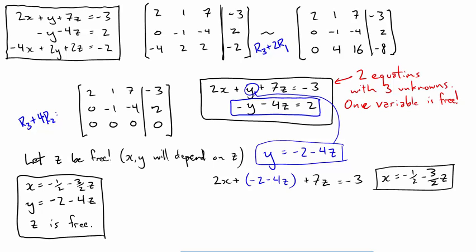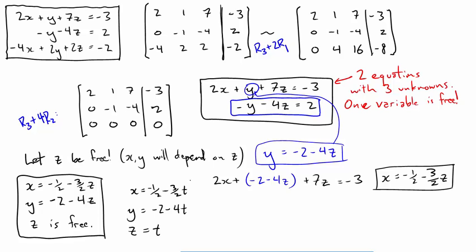But there's another way which really sheds some light on what these sets of values x, y, z really are. Instead of saying let z be free, z can be anything it wants, so I'm just going to introduce a new letter, t. And now I'm going to replace every instance of z with a t. What do we gain by doing this? It seems like maybe a funny thing to do.